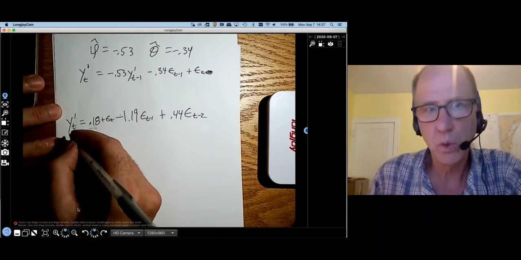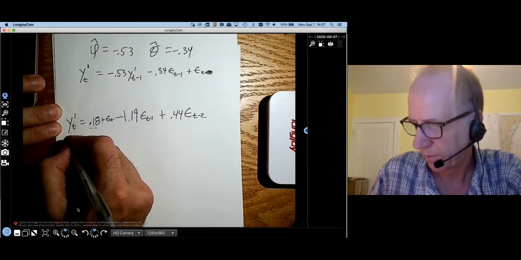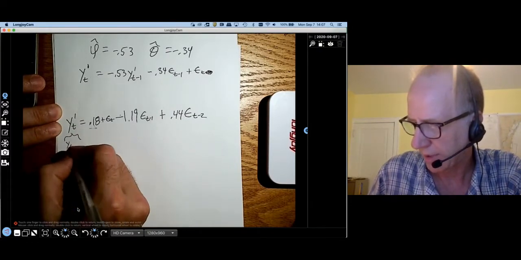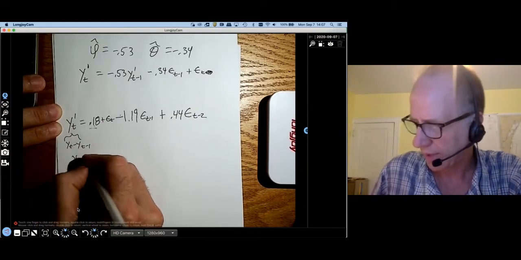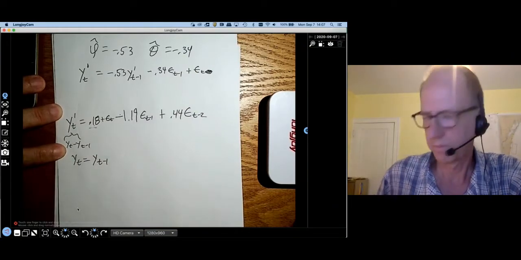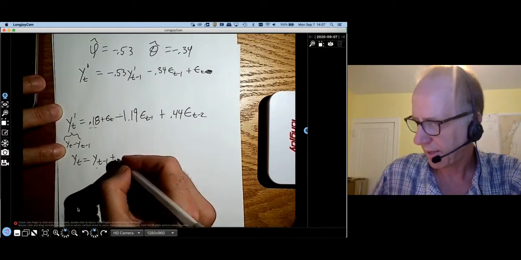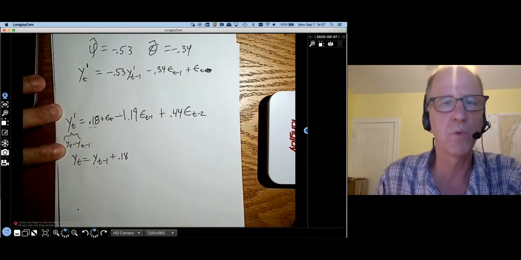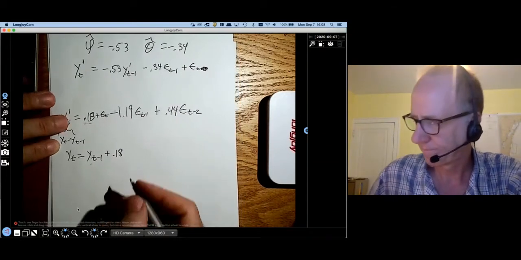Now, we could get rid of the differencing. So just note that this is y t minus 1. So we could write this as y t is equal to the previous y value. Then we're going to take a jump of size 0.18. So we always go up by 0.18.